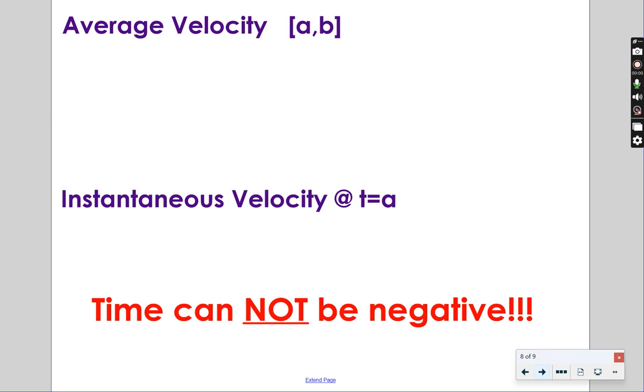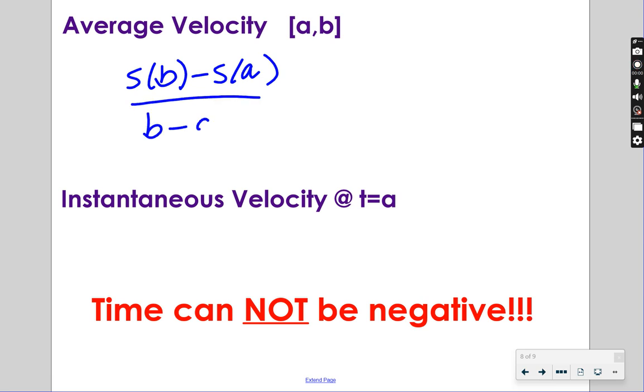Okay, average velocity. This is the one people mess up, because you see the word velocity in there and you think we need to use the velocity equation to calculate this. You actually don't. Average velocity is just the average rate of change of the position function. So you're going to do S of B minus S of A over B minus A. Remember that?